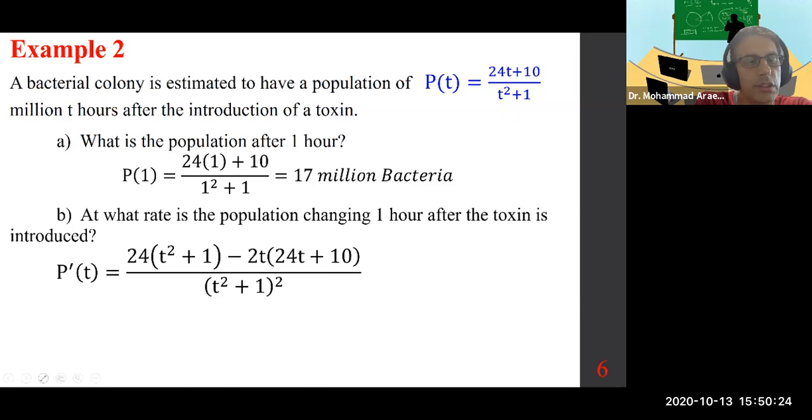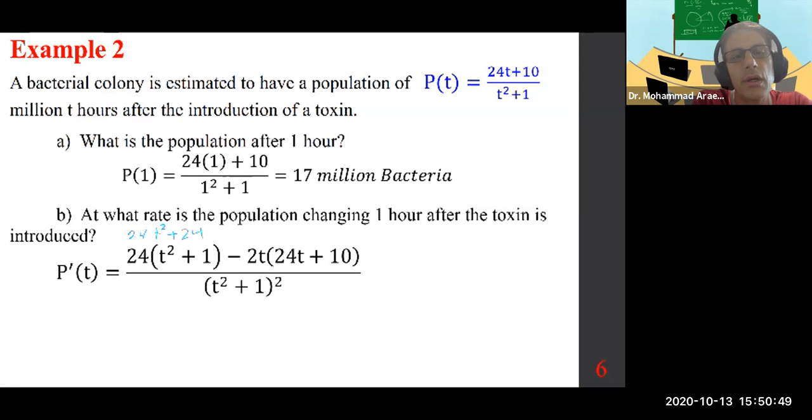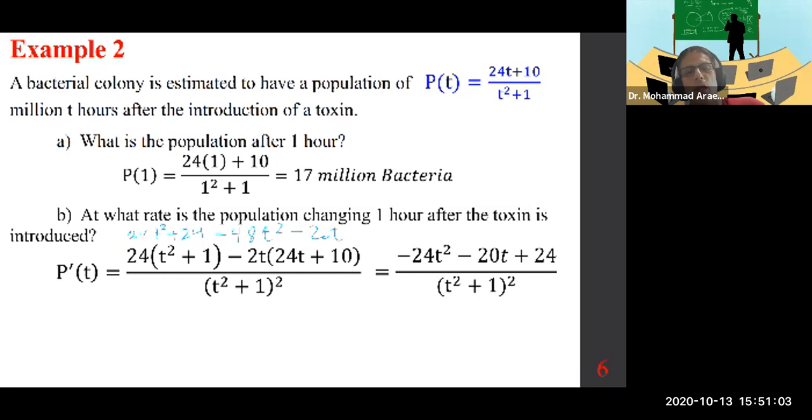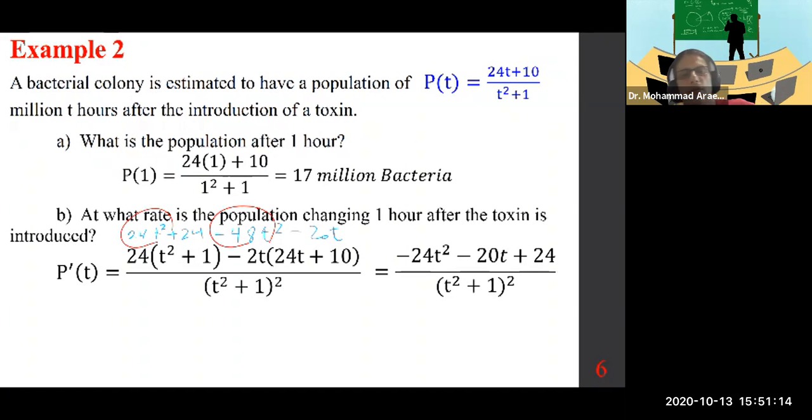And so now you are going to simplify the numerator. This is 24t squared plus 24, minus 48t squared minus 20t, and you simplify, you put together like terms, you get negative 24t squared because these two add up to negative 24t squared.